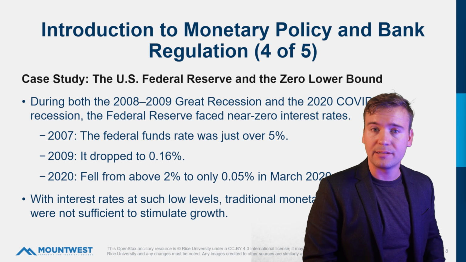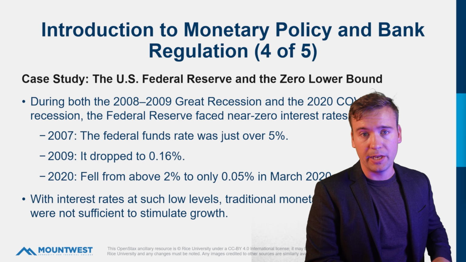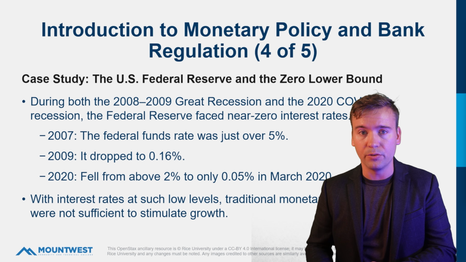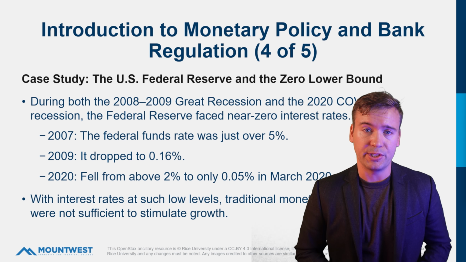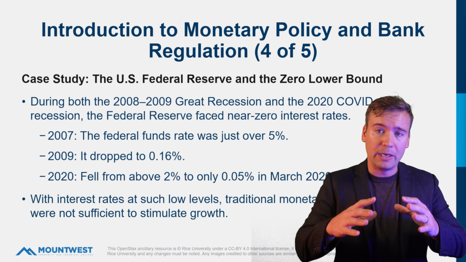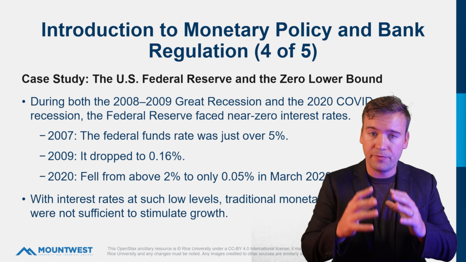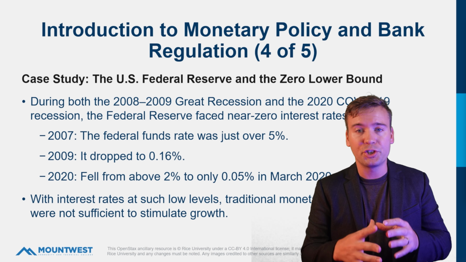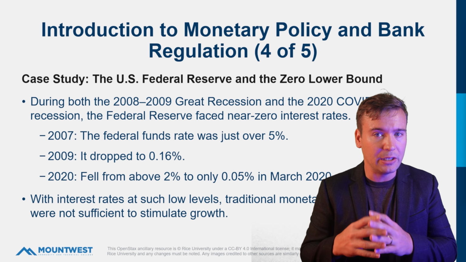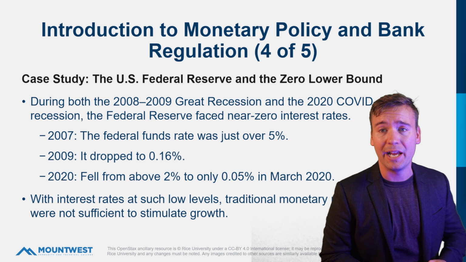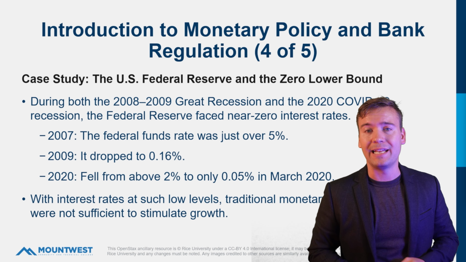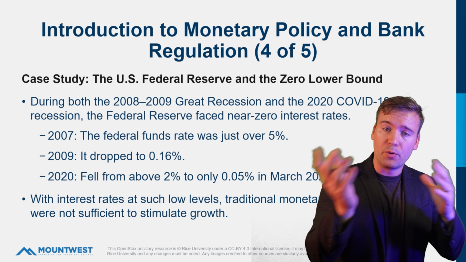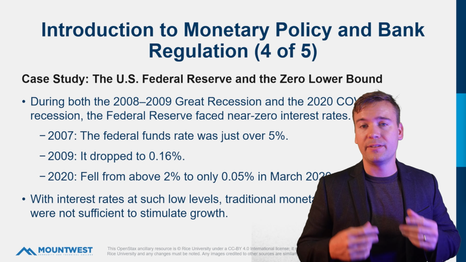So back in 2007, the federal funds rate, which is the interest rate that banks charge each other for overnight loans, was just over 5%. But as the economy went into a tailspin, the Fed, the central bank, slashed the interest rates and they got really aggressive. And by 2009, the federal funds rate had gone down to 0.16%.